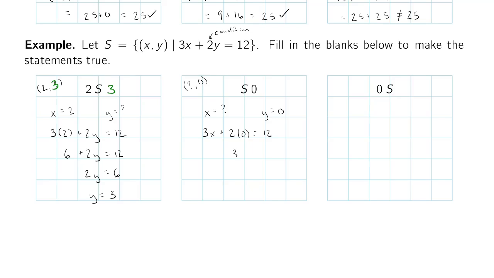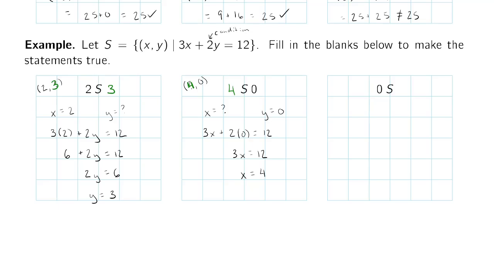So this is just 3x equals 12. Divide both sides by 3, and we have x equals 4. And so in the pair, the number that's related to 0 is 4. 4 comma 0 is an element of our relation. So 4 is related to 0.